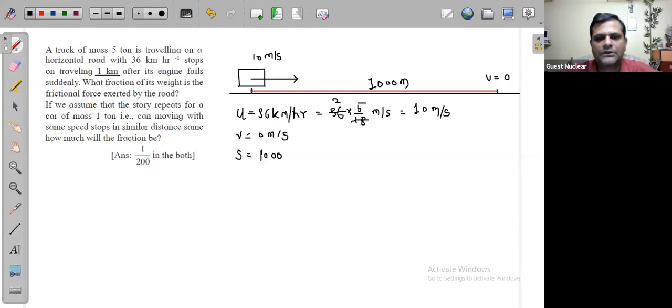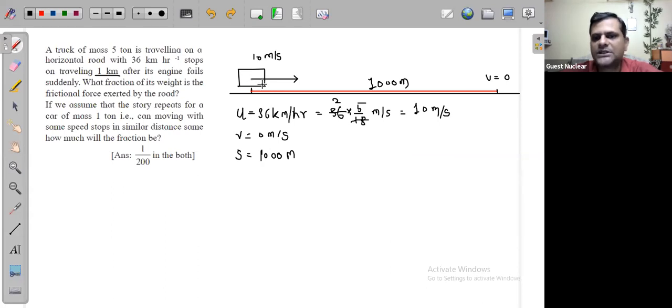Yes. So we try to find the acceleration of this body, because what we want is what fraction of its weight is the frictional force exerted by the road. Now see, why this truck stops is due to the frictional force. So frictional force is the only force acting on this truck after its engine fails, because when the engine is running, there are two forces acting on this truck.